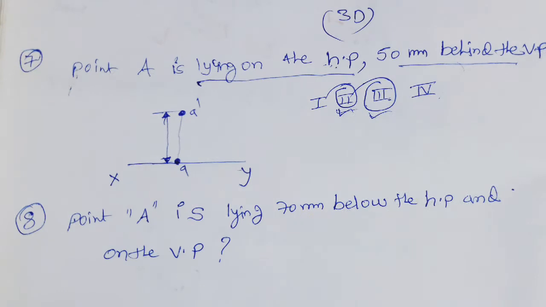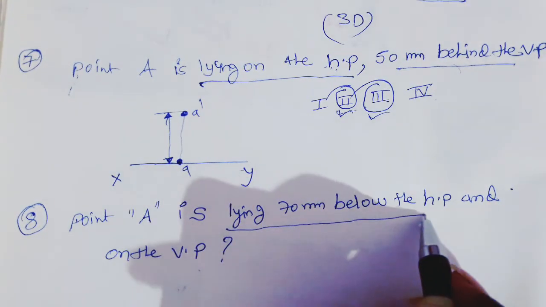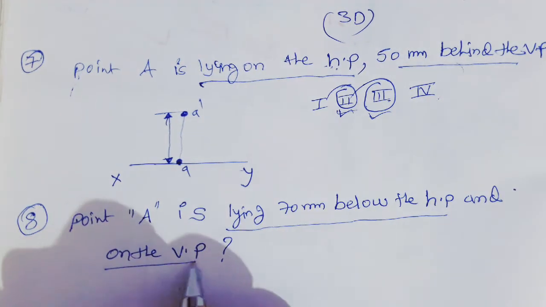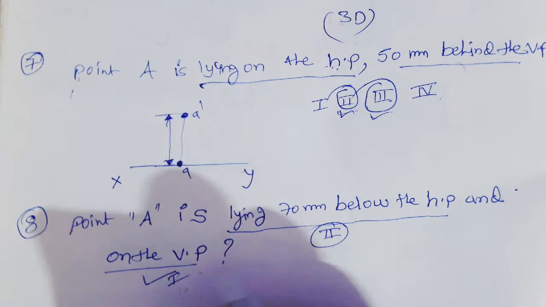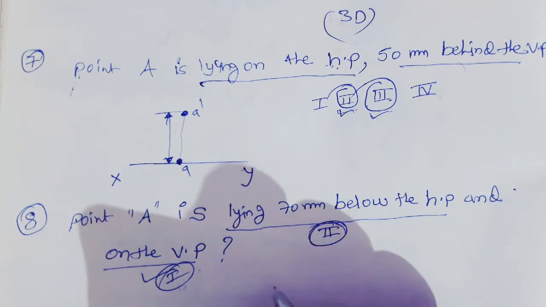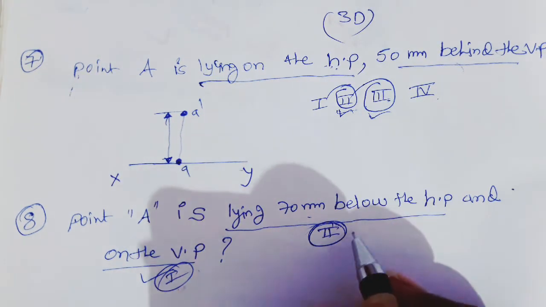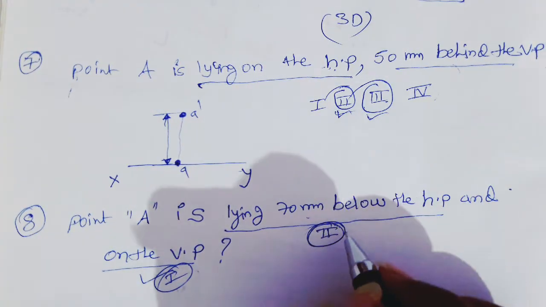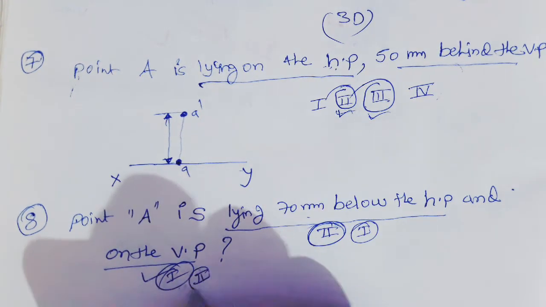See here, simply lying 70 mm below the HP and on the VP. This is the first, this is the second. First condition is on the VP, second condition is 70 mm below the HP. Or else you can think it is first or it is second.